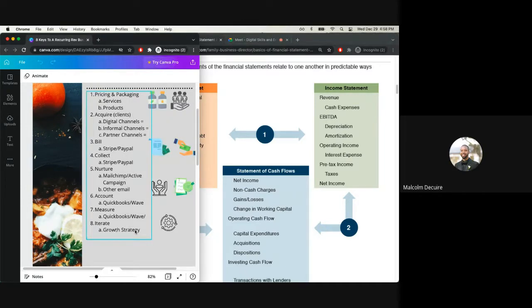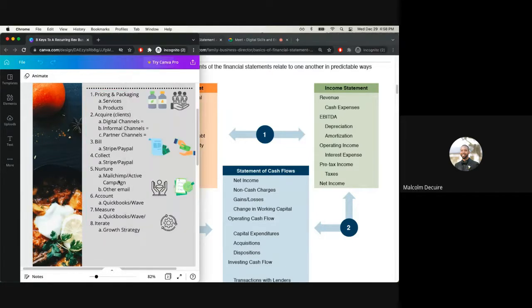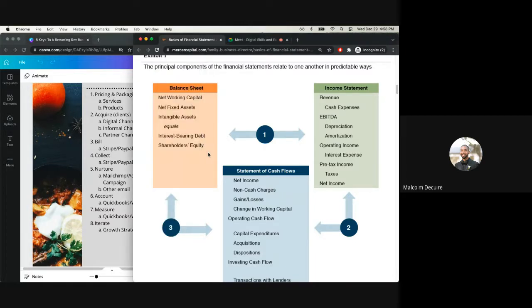So to quickly recap, we are on the last section of the balance sheet. I don't say last because it's continuous. We're in this section of the diagram. It's the balance sheet. This maps to the iterate section because as you grow your entire equation, which is assets equals liabilities plus owner's equity, your balance sheet should grow.